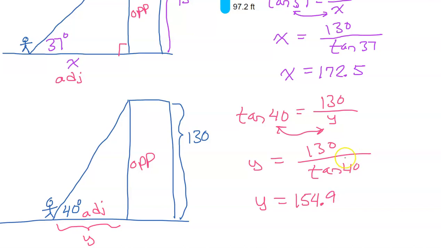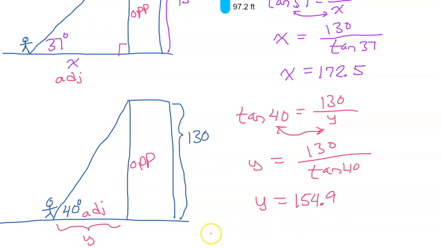So if we want to know how much closer she is, we just have to subtract these. All right, the original distance is 172.5. The new distance is 154.9. So how much closer is this?